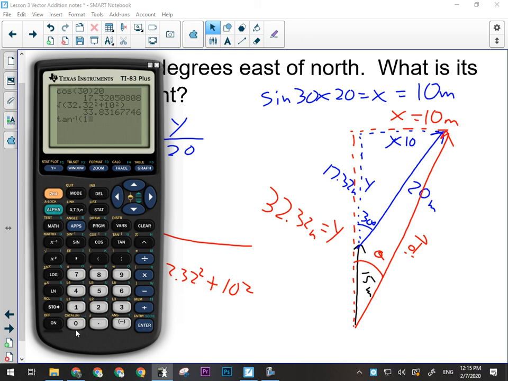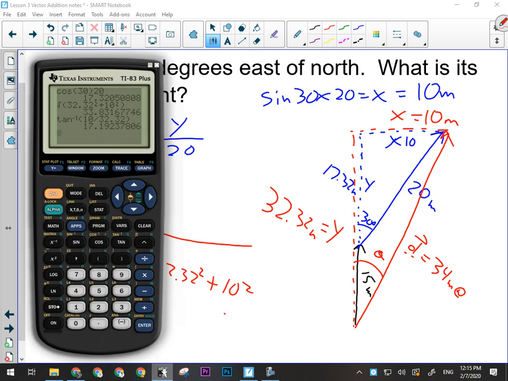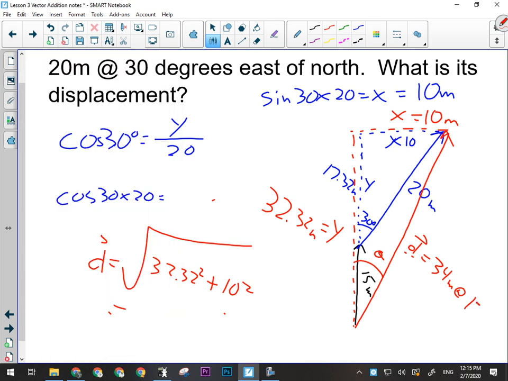The opposite side is 10, divided by 32.32, so my angle is 17 degrees, which way? East of north. So my final answer here is that D is, what did we say, 34 meters? Yeah, 34 meters at 23 degrees, no, sorry, 17 degrees east of north.